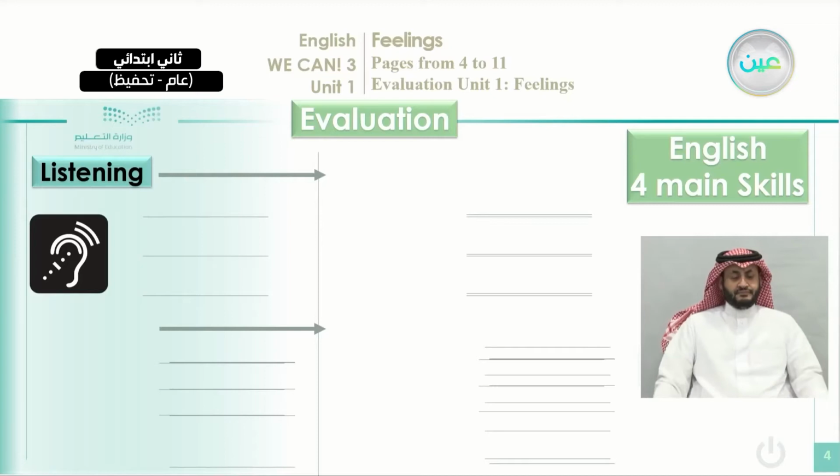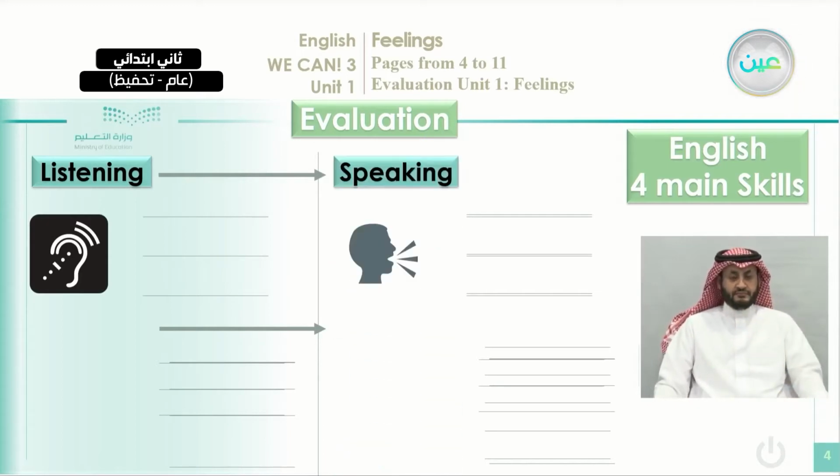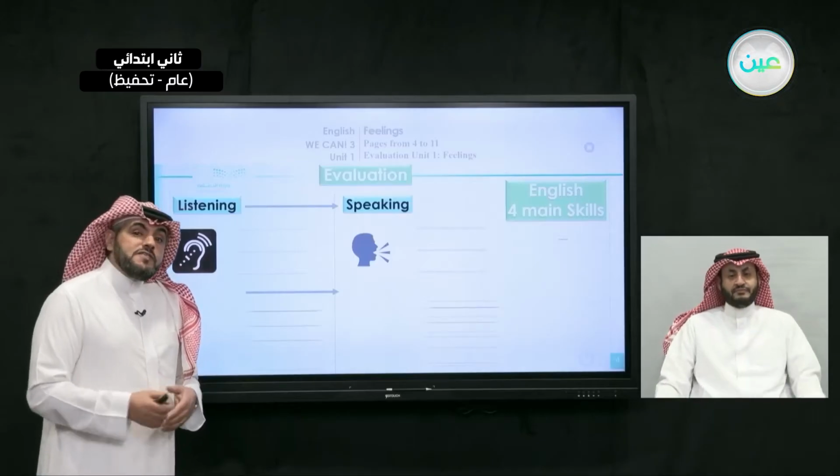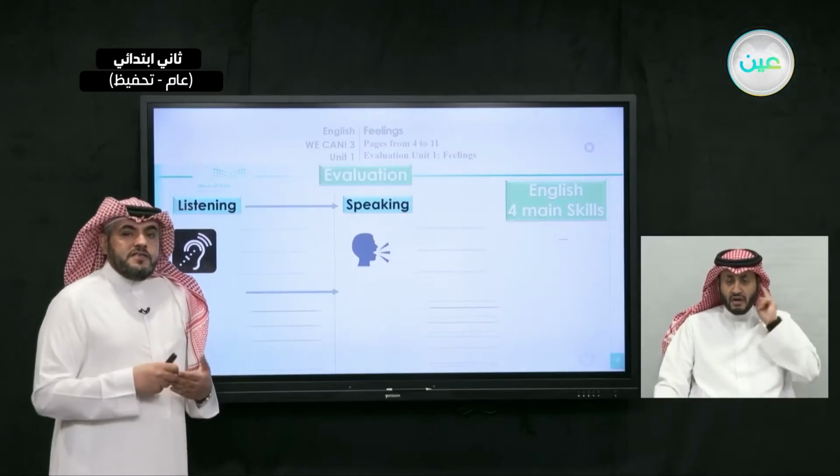The first skill that we need to concentrate on, and to start acquiring language through, is listening, as you see here. And if you listen very well, and if you practice listening many times and so much, that will impact your ability to speak. So speaking also is the result of good listening, okay?